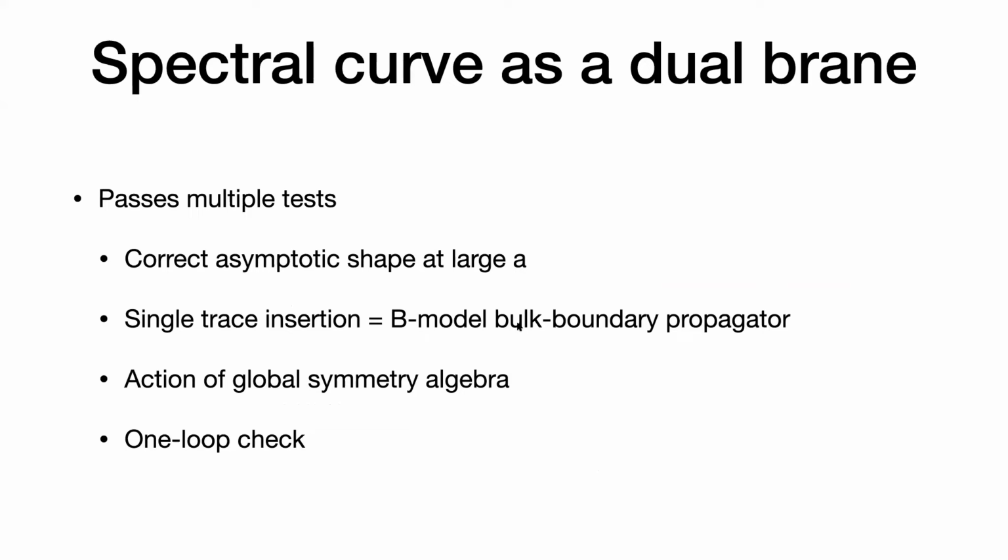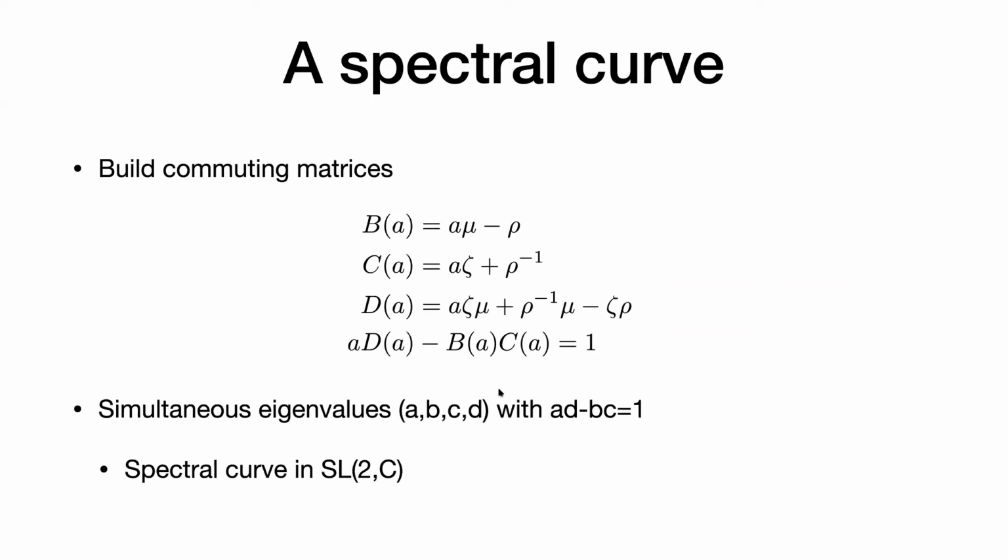We also did some checks involving the global symmetry algebra. In the work with Kevin, one of the main ingredients we employed to match chiral algebra correlation functions and the B-model setup was to observe that both sides had a symmetry algebra at large N, which looked like holomorphic diffeomorphisms of SL2C, essentially globally defined holomorphic vector fields in SL2C.